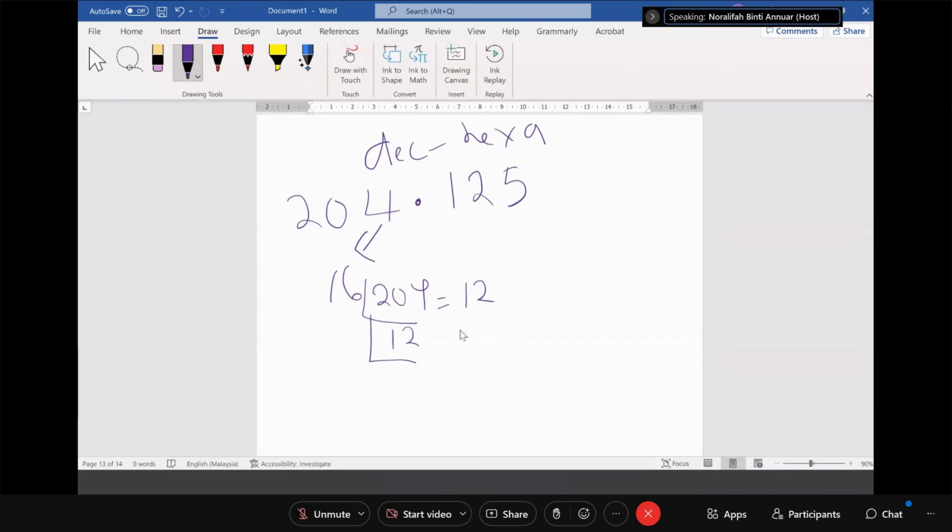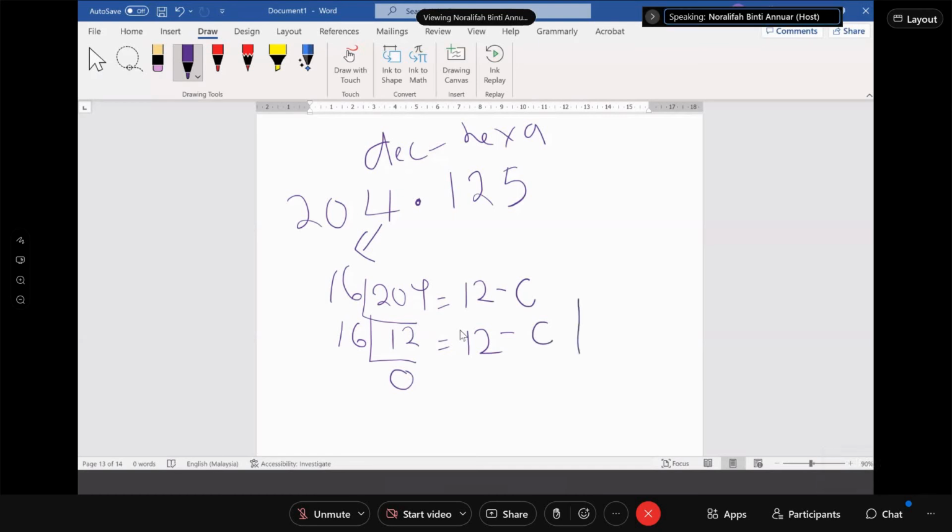Nampak this value is lesser than the divisor. So there will be 12. And remember this hexadecimal. They want you to convert it to hexadecimal. 12 tadi apa in hexadecimal, guys? I forget. 12 tadi adalah A, B, C, D, E, C. Okay, right.